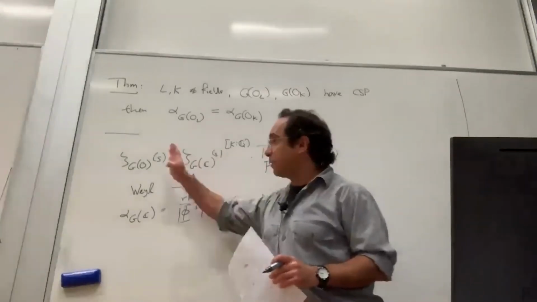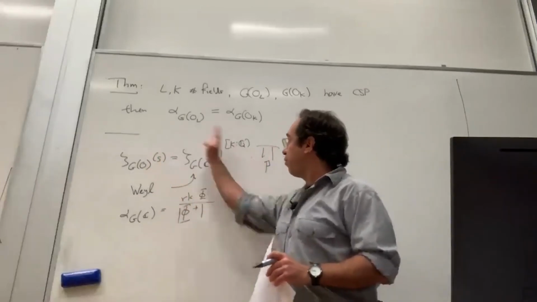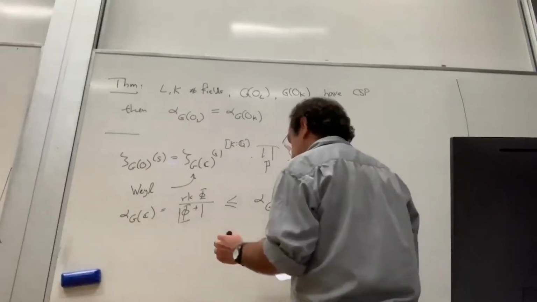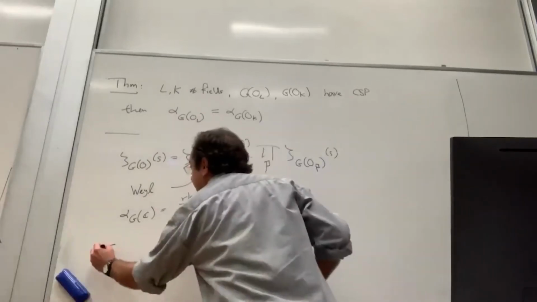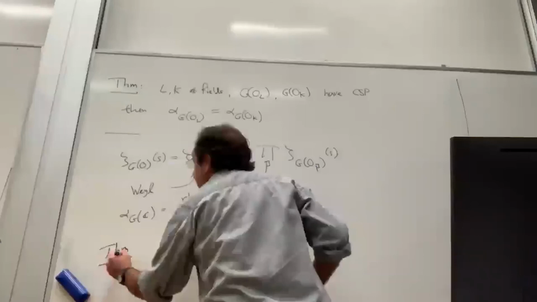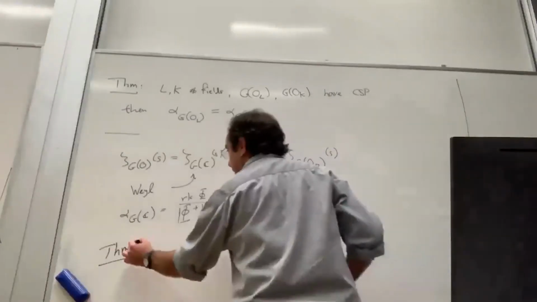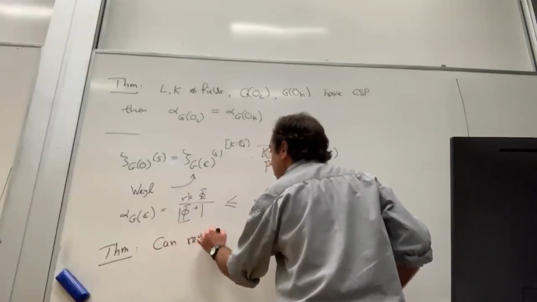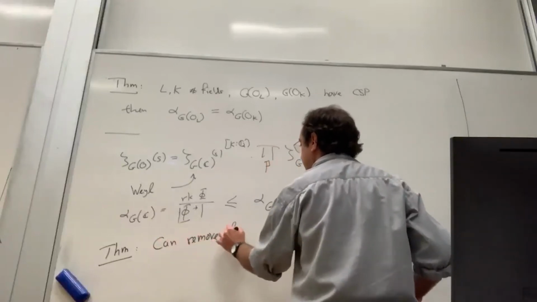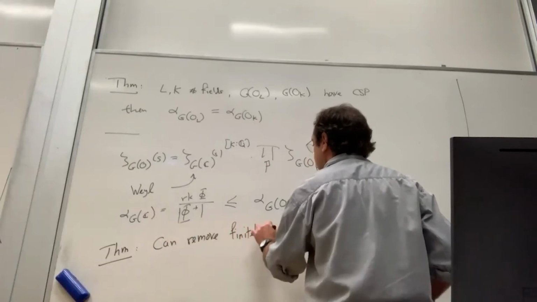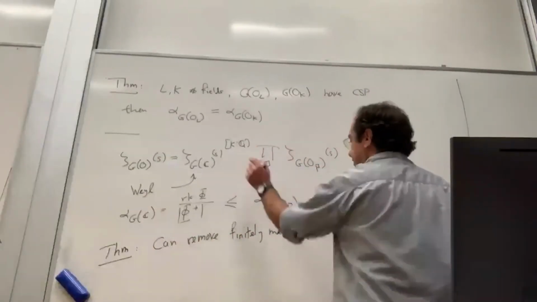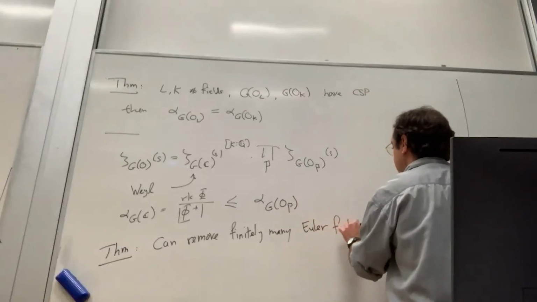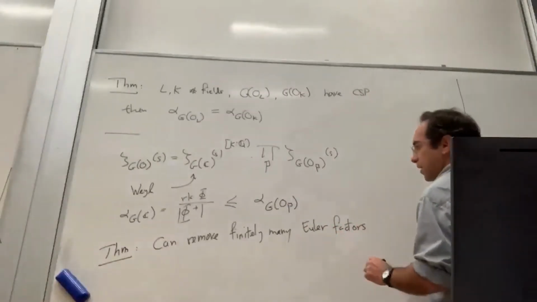So in terms of the global abscissa, we can throw this one out. Another theorem, by the same set of authors, says that one can remove finitely many Euler factors without changing the abscissa.